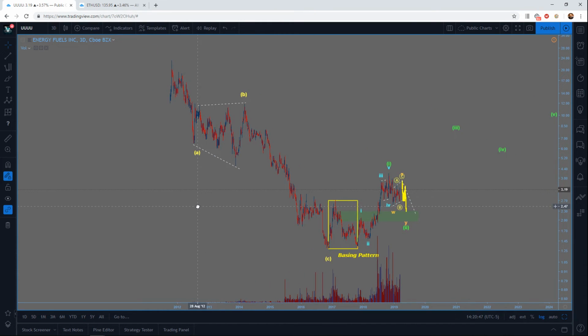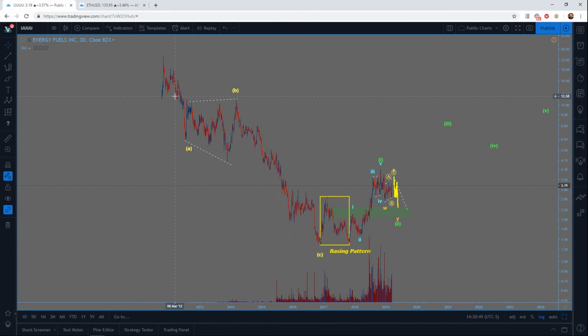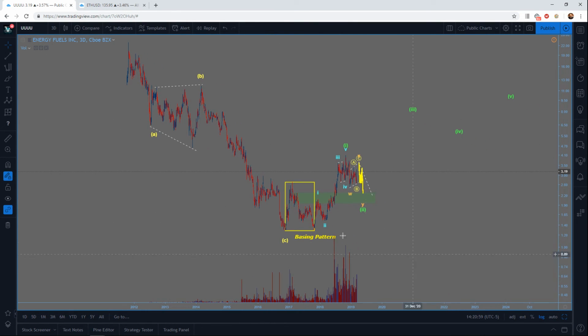So we don't have all of the chart history here, but I believe this to be some kind of large ABC. We've got like a 1, 2, 3, 4, 5 in this C wave. And then we form some kind of basing pattern behind it.